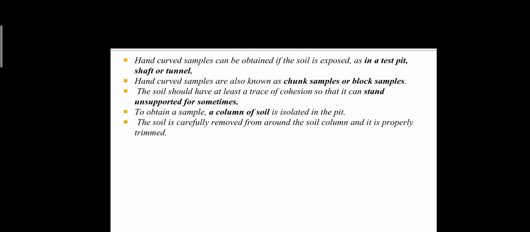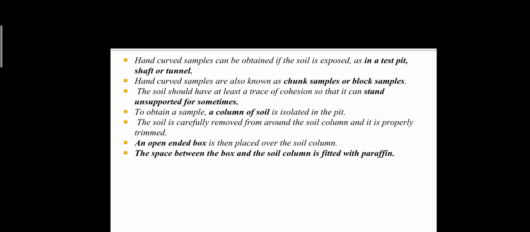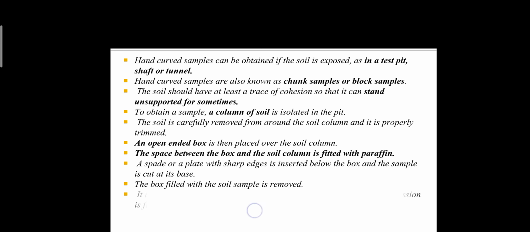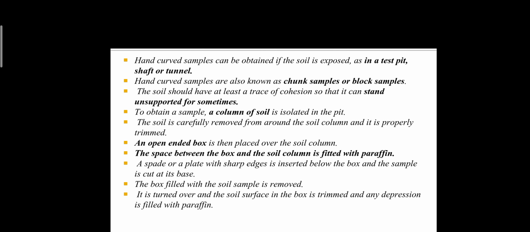After that it should be removed carefully and kept inside an open-ended box, and the space between the box and the sample should be coated with paraffin or wax. After that it is taken to the laboratory, and using a knife we will cut the paraffin or wax, and it will be taken out and the test is done.